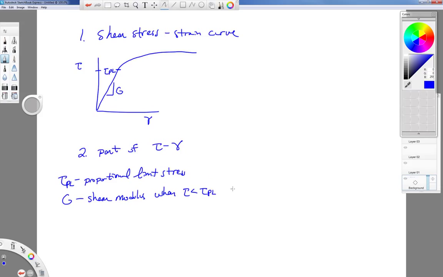And for this case, we can use Hooke's law in shear, which is similar to Hooke's law in tension, except instead of sigma is equal to E epsilon, we have tau is equal to G gamma. And finally, we can get up here to some peak or ultimate shearing stress. It's the highest point on the shearing stress strain curve.